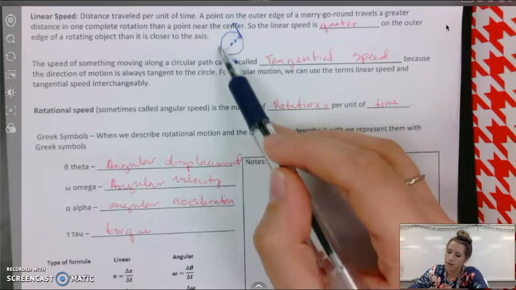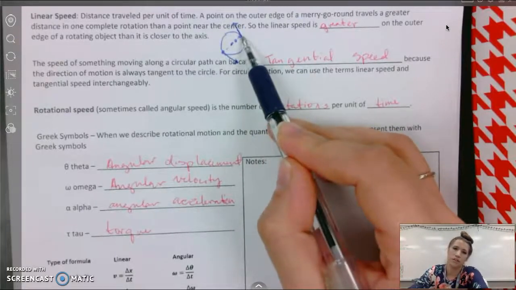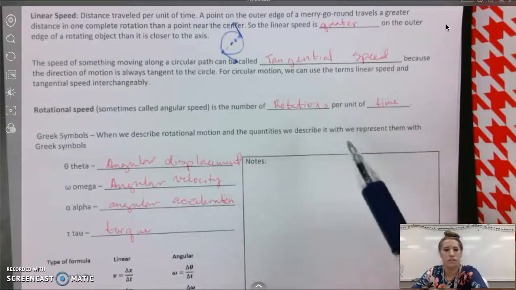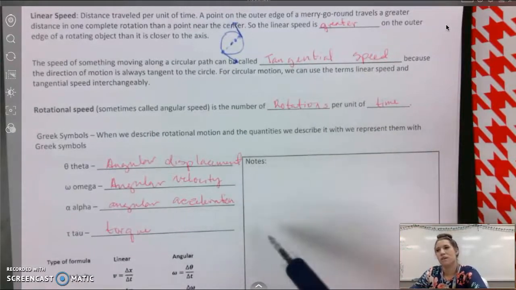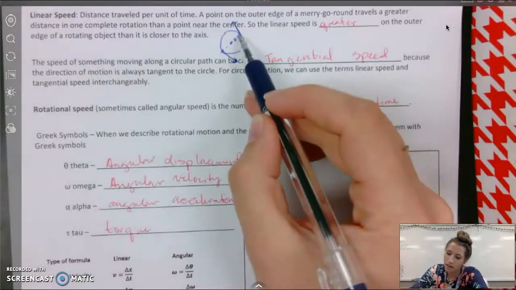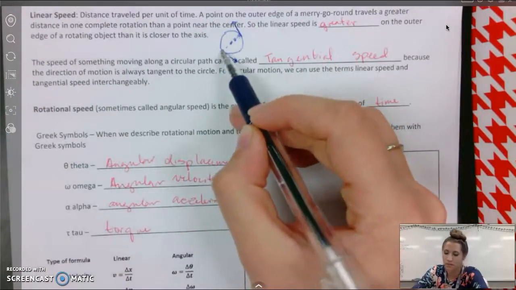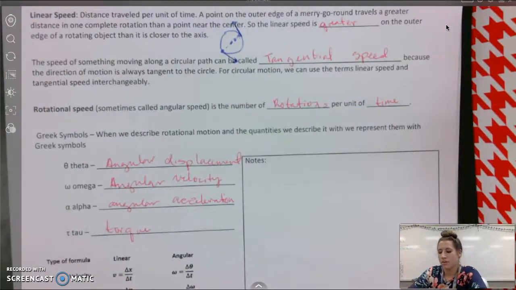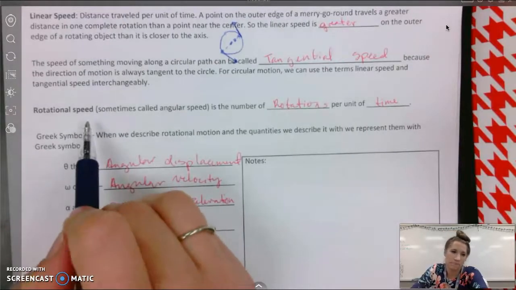So one rotation occurred in 2 seconds. And so that would be half a rotation per second, right? Half a rotation per second. And that would be a rotational speed.